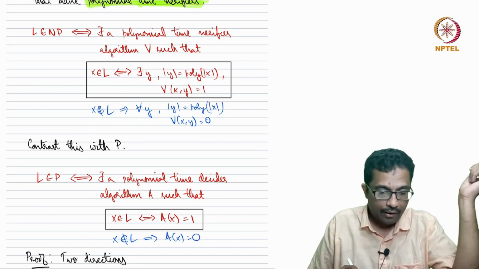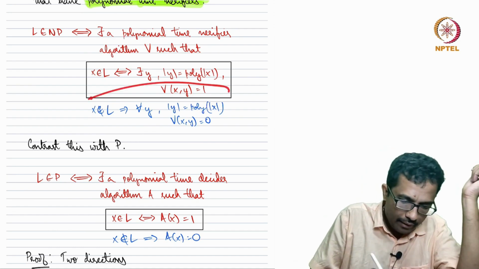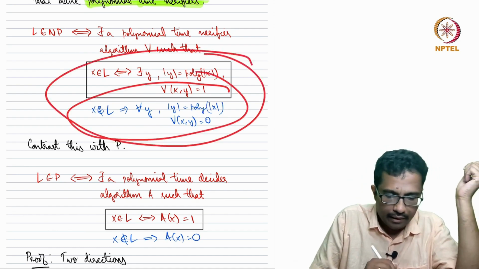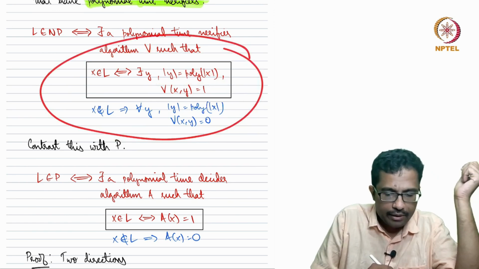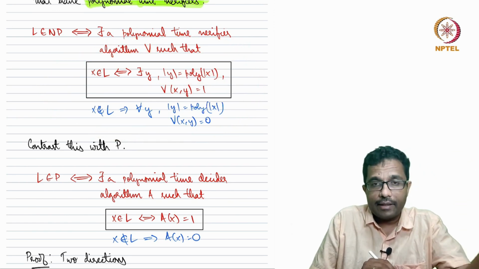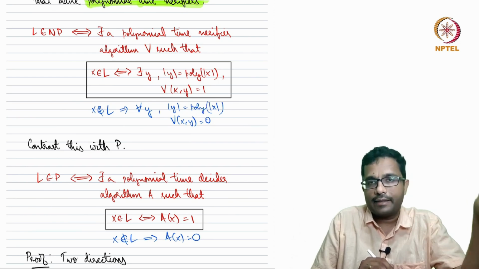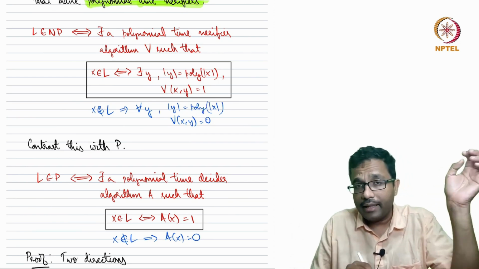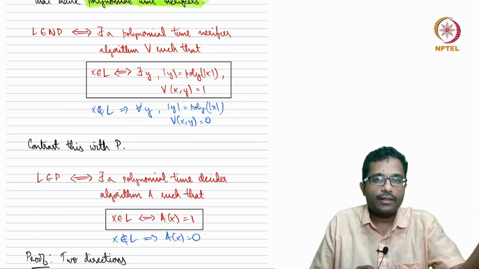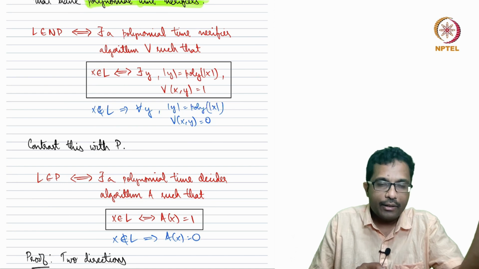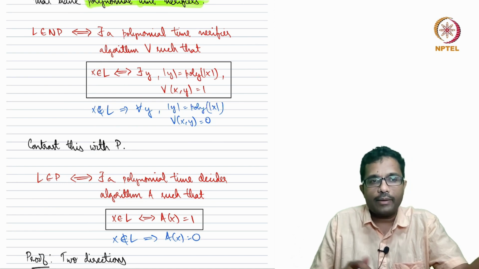Whereas in the case of NP, if x is in the language, there is a certificate string that can be used by the verifier to verify that x is in the language. If x is not in the language, no matter what certificate string you try, it should not work, right? Otherwise it doesn't make sense.